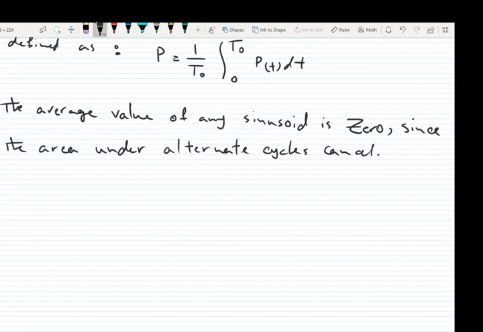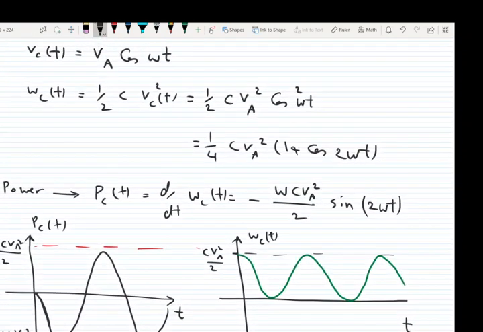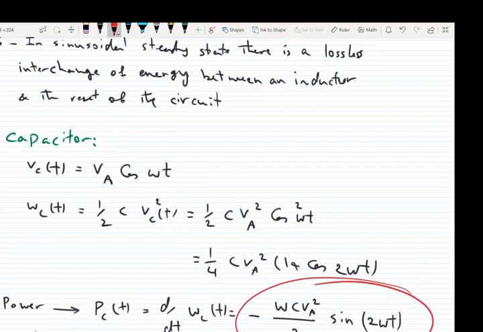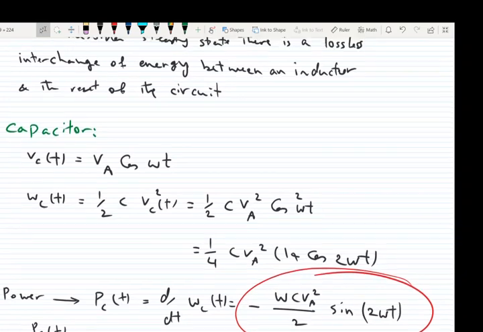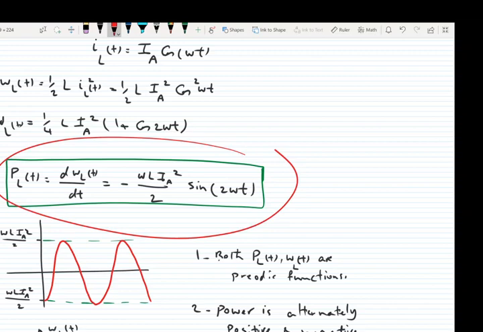If we look at the inductor and capacitor, we can see that both of them have a sinusoid power. This one is for the capacitor and this one is for the inductor.